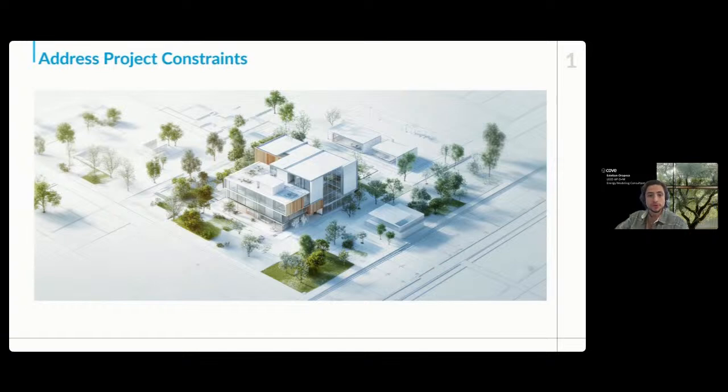It exploits every flexibility we have in the design. As you can imagine, this is just an example image, but let's say certain design criteria for this building here have been fixed. But through building energy modeling, you will always find ways to play with other variables that could bring the project to a more optimal point.